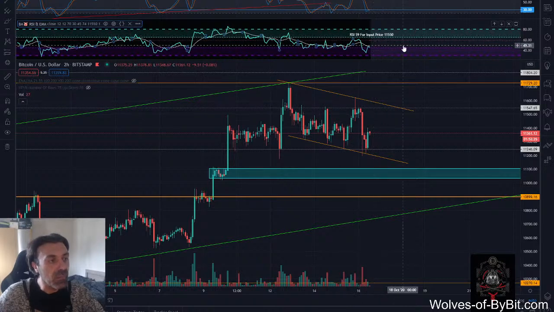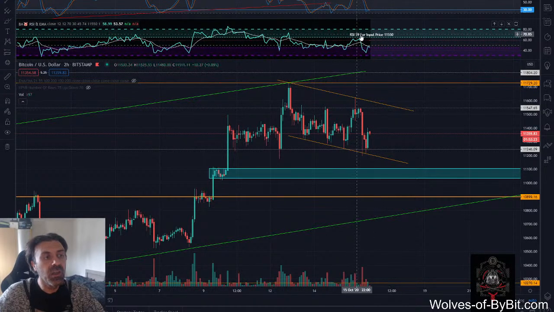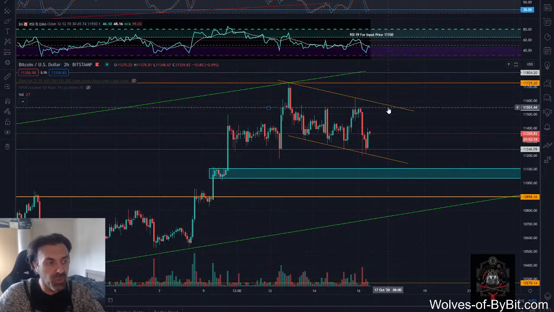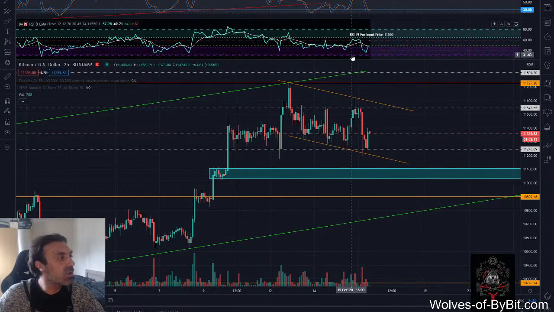Now, what do we see here? 11,550, which is more or less the high of this high, would give us a 59 RSI read.